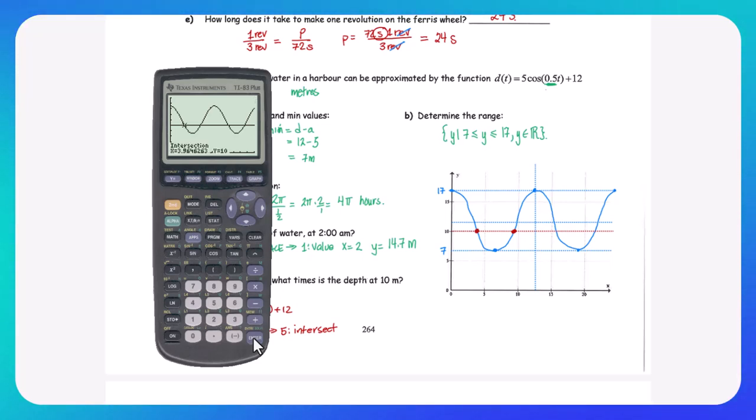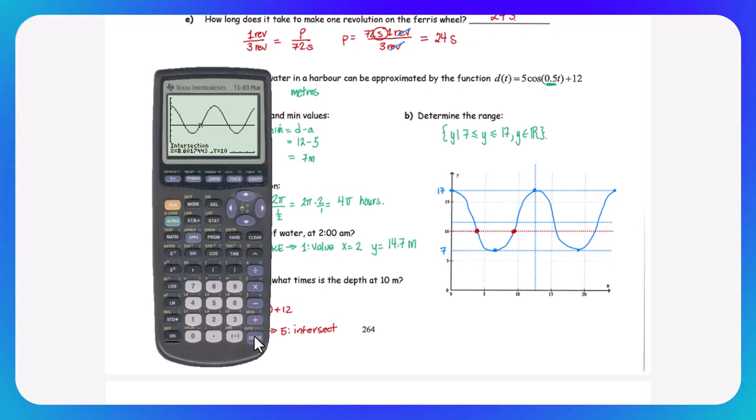Now we find the first one, and that is 3.964. Then we're going to do the second one. I'll write these down in a second. Don't worry. So second trace, 5 for intersect, and now we're going to head over to the other one. Now we're going to go enter, enter, enter.